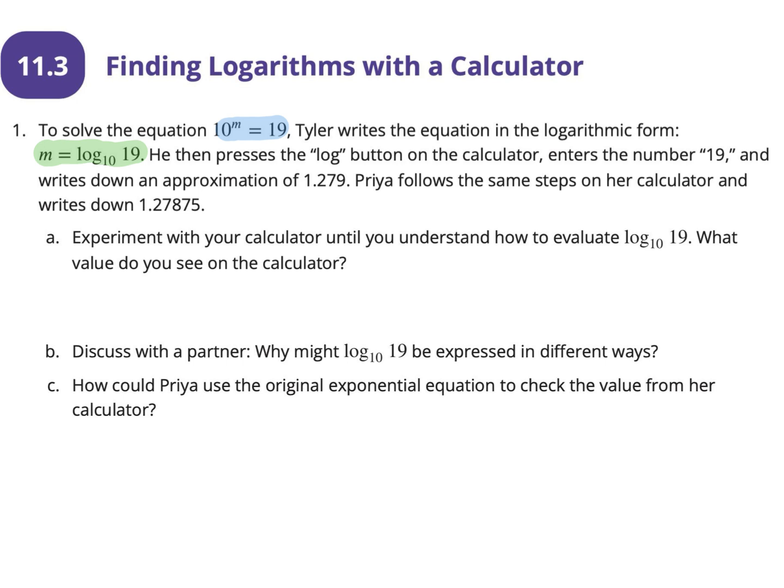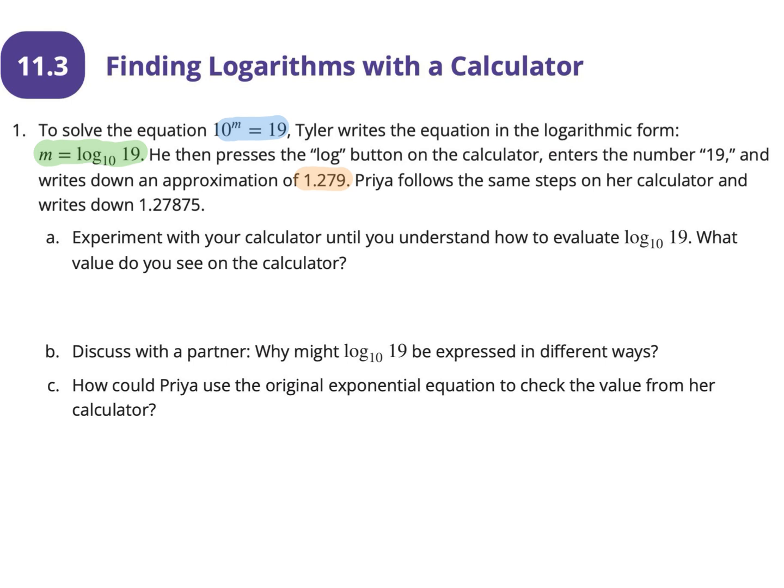So he hits the log button on the calculator, which is next to the 7, and the base is already 10, and writes down an approximation of 1.279. When you are dealing with exponents that are not whole numbers, the number is going to be irrational, which means it goes on forever without repeating or stopping.